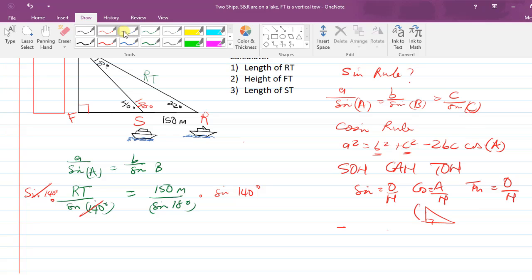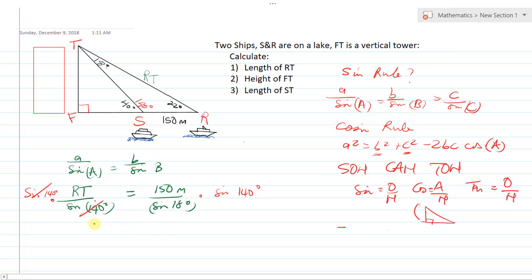So now RT is equal to 150 meters over sine 18, which on the calculator is 0.3090. I always like to go to 4 decimal places.